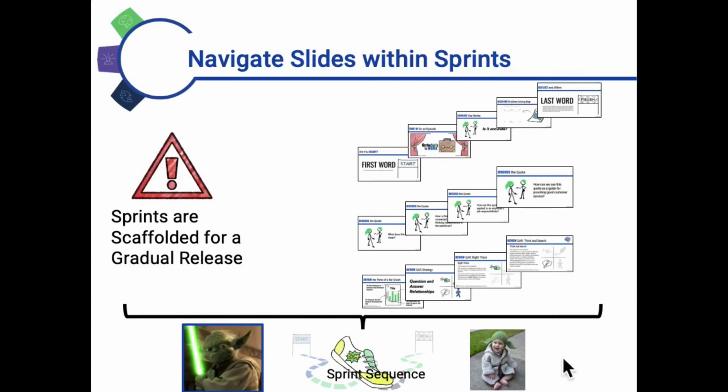However, if you're a new teacher or that's a particular content area that you want more depth on, the slides within the sprints give you a step-by-step process of the experience. It's our job as educators to choose the slides within the sprint sequence that work best for our experience and for the experience of the learners.